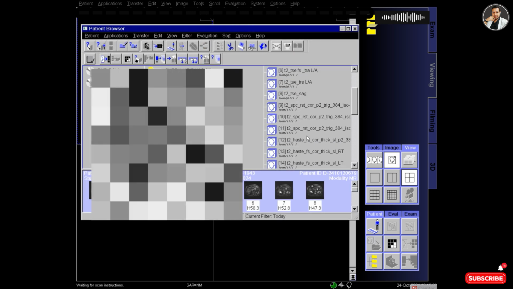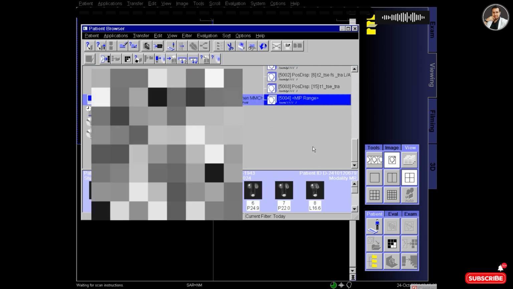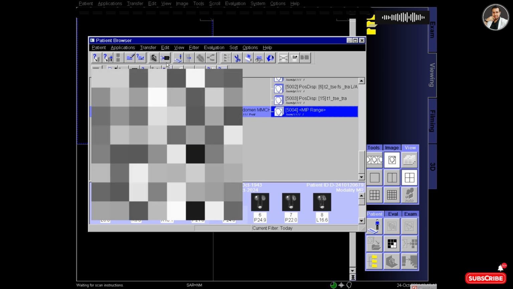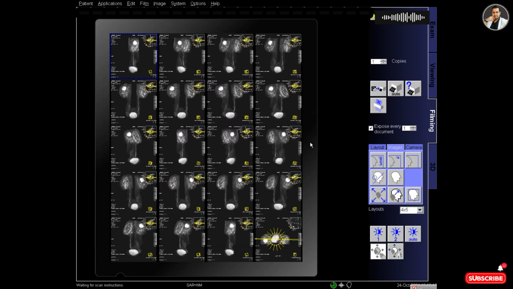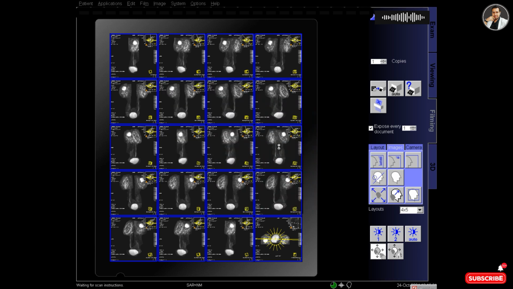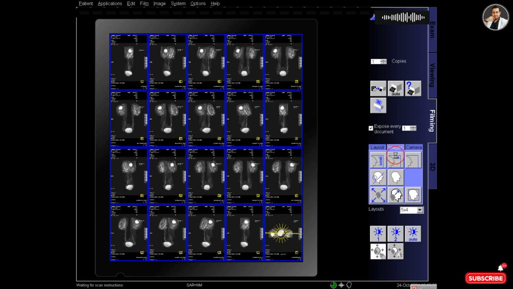So let's make the films from the 3D images that I just made. This is saved as MIP range. Select the MIP range, select the series and send it to filming, and make the format 5:4.